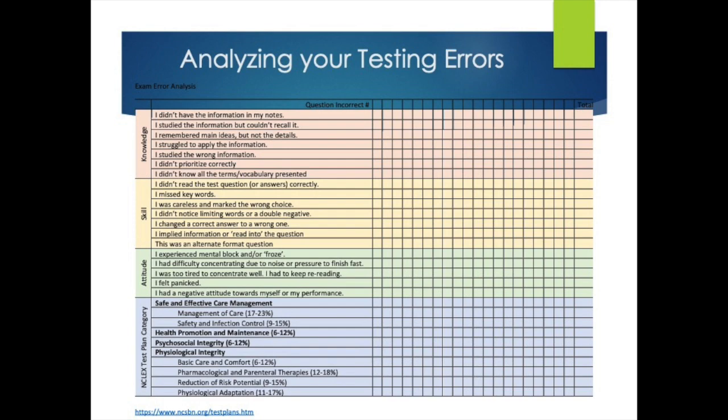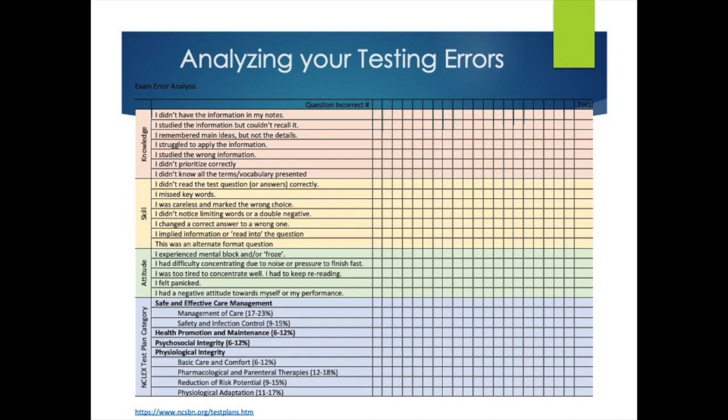As you get into your upper level, your management of care, your pharmacology, all of those things are going to affect your test outcomes in the NCLEX. And if you can start to identify what types of questions those are that you're missing the most often, you'll start to recognize those questions when you take an exam and say, oh, that's one of my trouble categories.